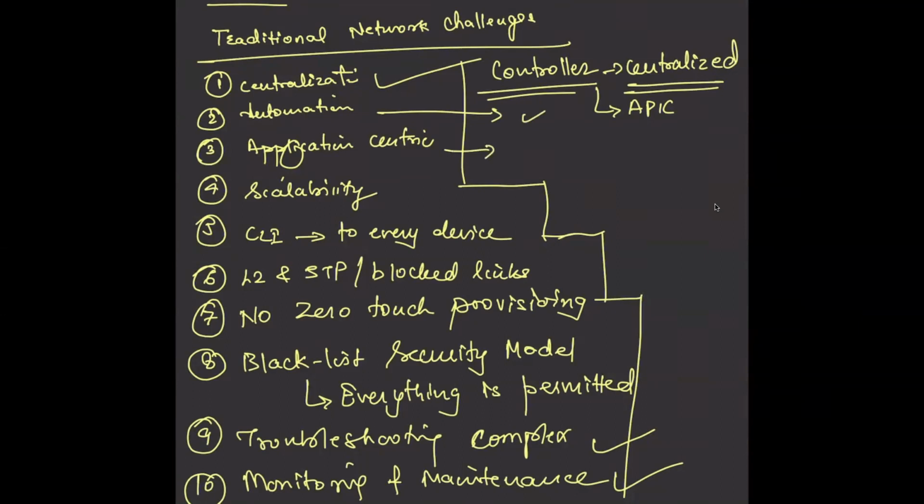Application centric. So you can build your network model based on your application. Previous models are based on the network layers, and your applications need to suffer due to that. But here, as per your application requirement, you can make a model. This is what is known as application centric. You can define it based on your application tiers.